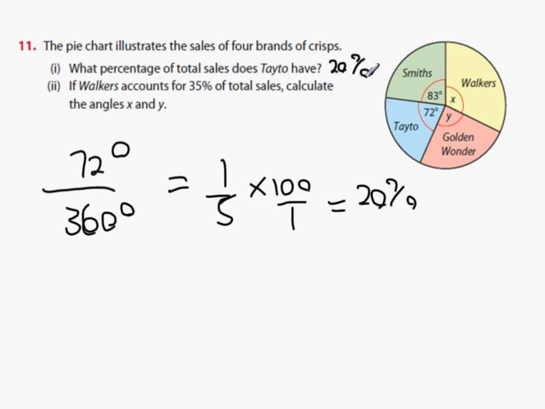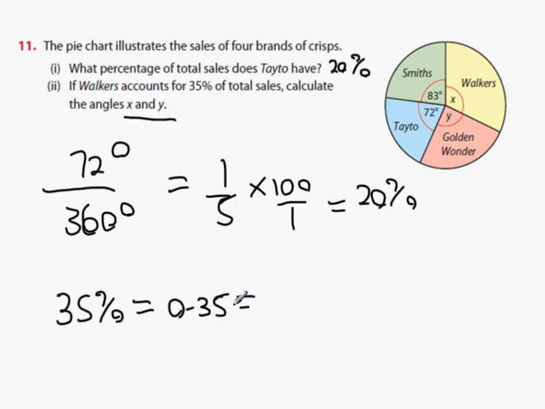You happy with that? If Walker's accounts for 35% of total sales, calculate the angles X and Y. Walker's is 35%. 35% is the same thing as 0.35.